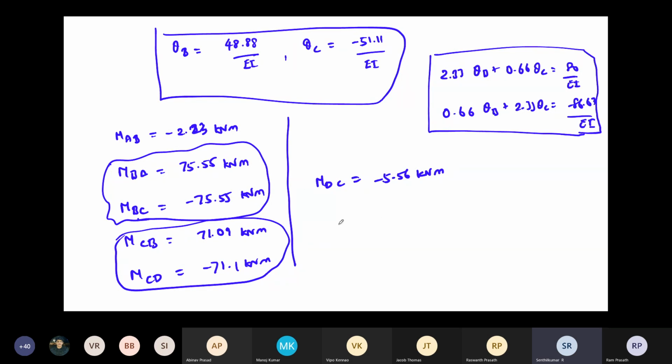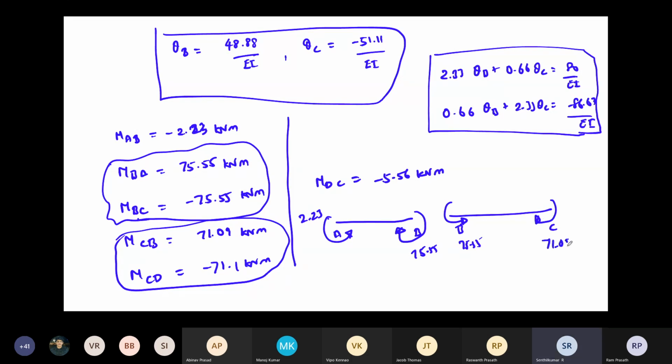Now, if I'm drawing the beams A, B, C, D, everything. So AB beam: minus 2.23 is anti-clockwise moment 2.23, then 75.55 clockwise positive. Then BC, next beam: minus 75.55 is anti-clockwise, and then 71.09 is positive, so clockwise 71.09.